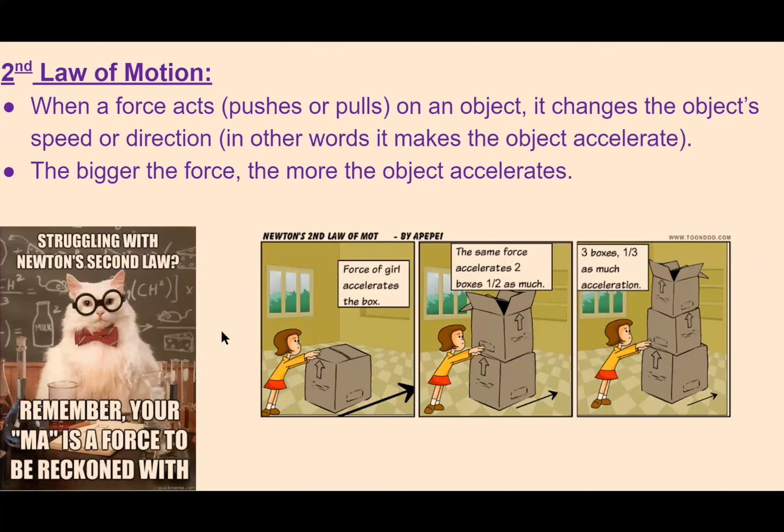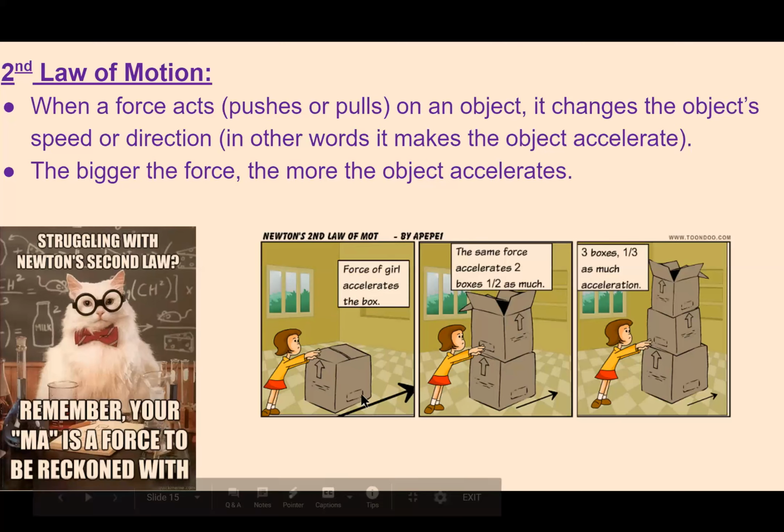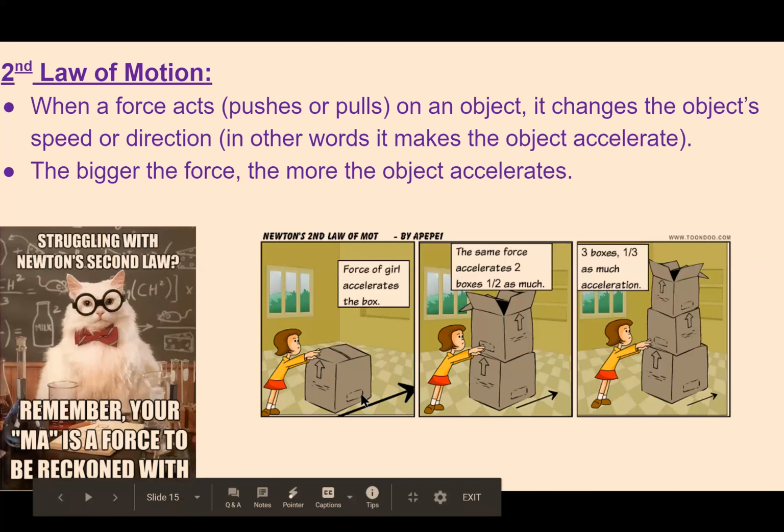Take a moment to appreciate this cartoon. So look at this girl here. Here's Newton's second law of motion. The force of the girl accelerates the box. But what other forces are acting upon this box? After yesterday's lecture, you should know that there are two forces not shown in this picture.